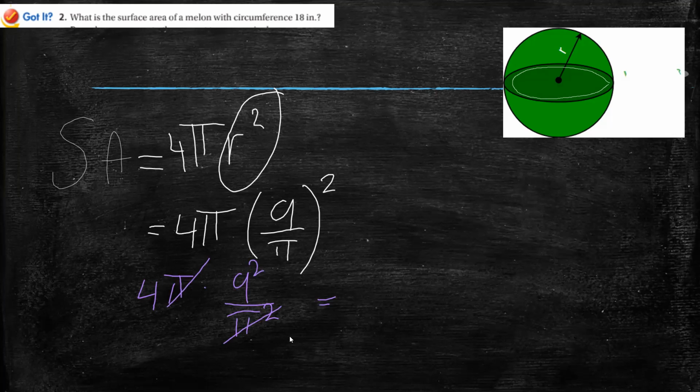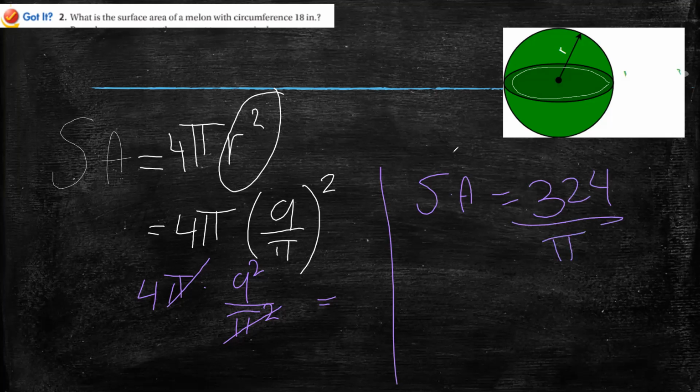So the surface area will be 324 over pi, or we can say 324 times 7 over 22, which is 103.09.